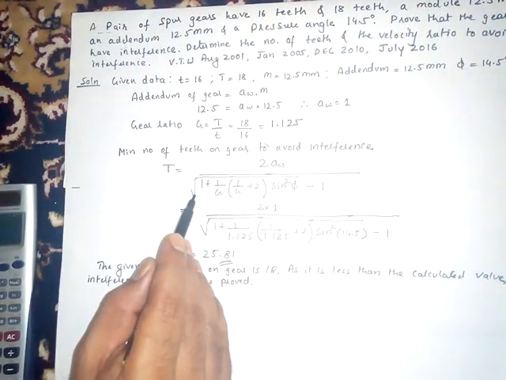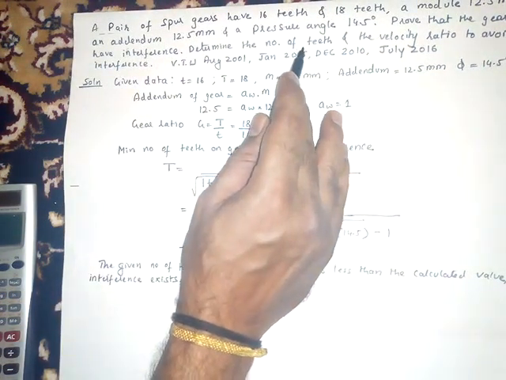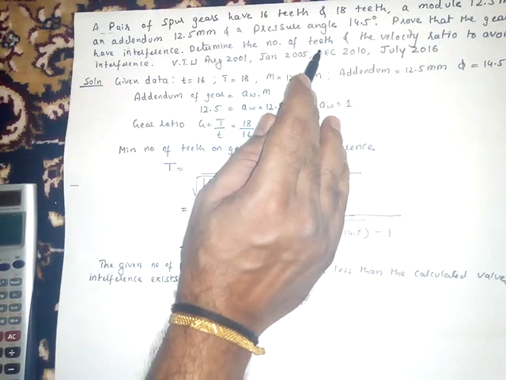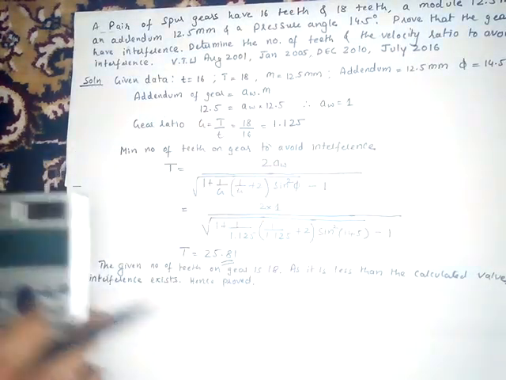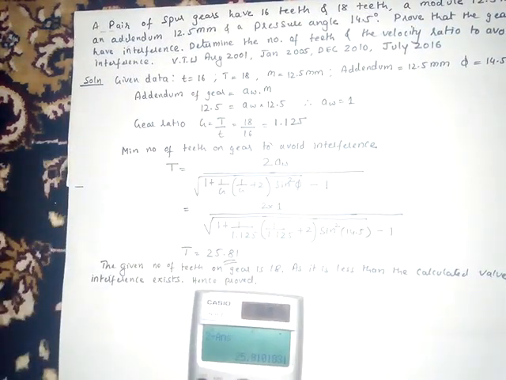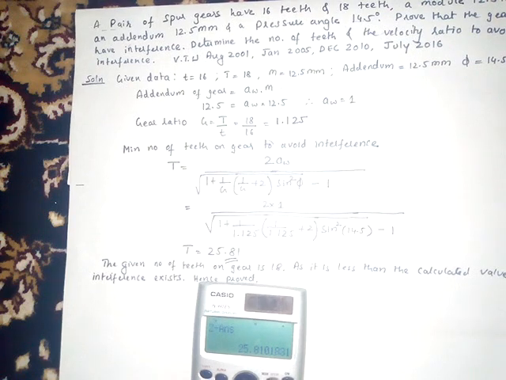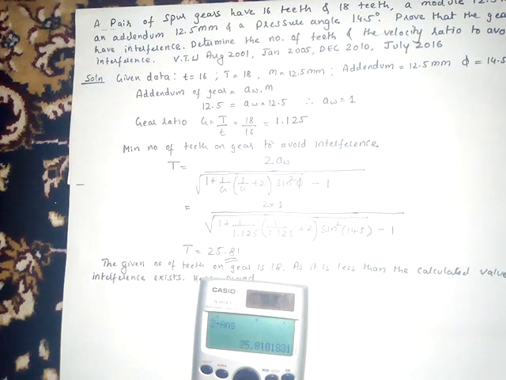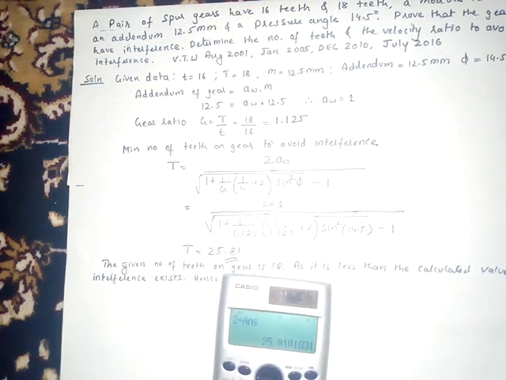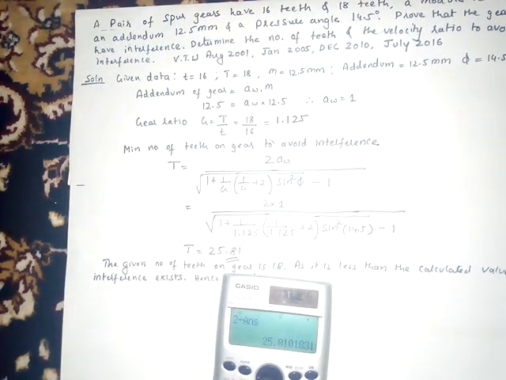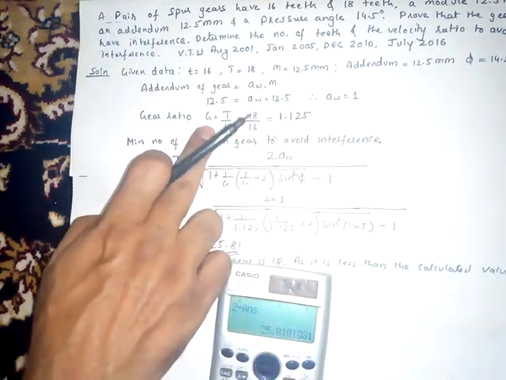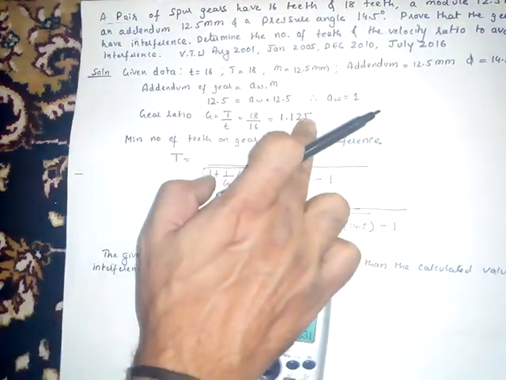Now we should find the number of teeth. If you closely observe 25.81, if we round it off to the next number, it becomes 26. Now what happens if we select 26? The value of G is 1.125.